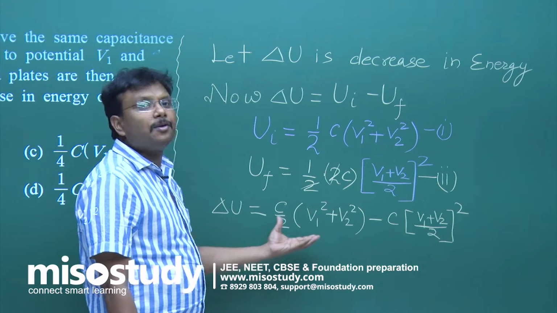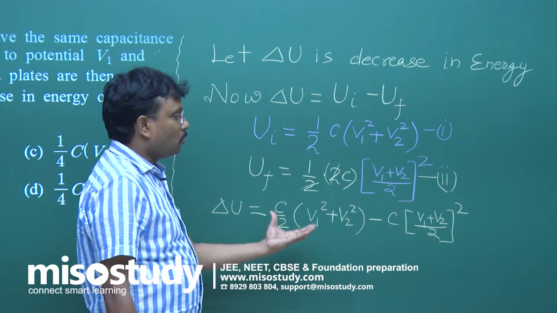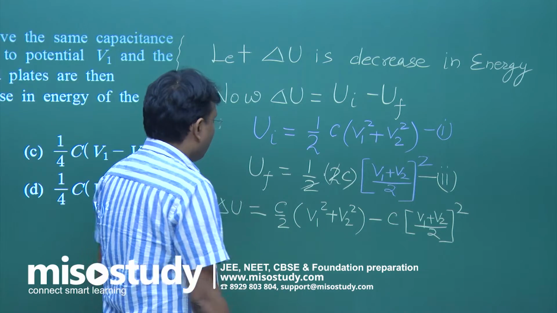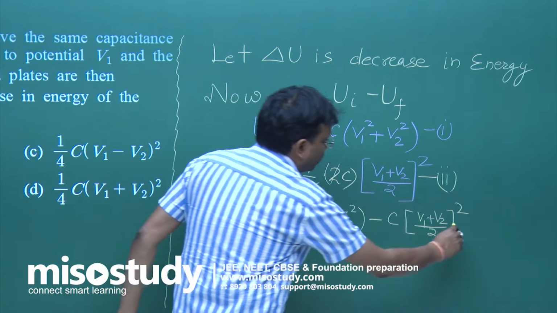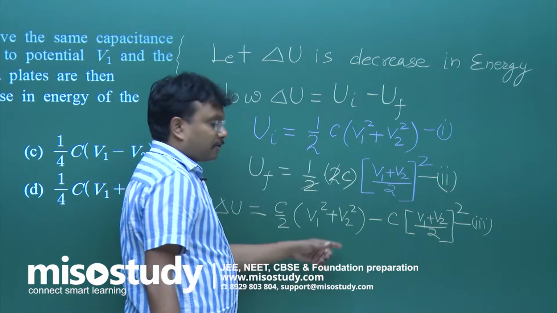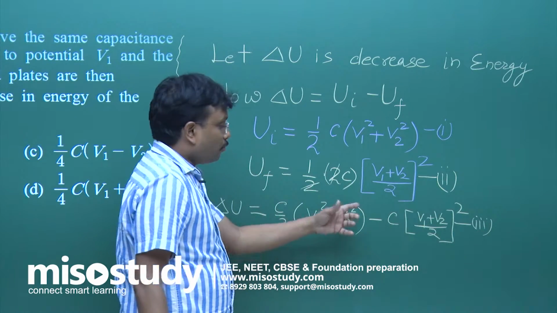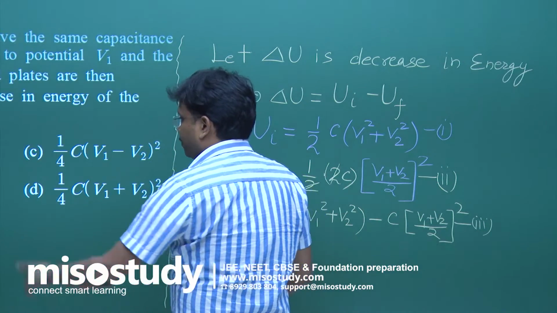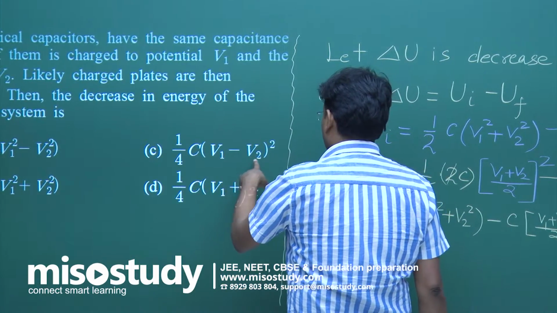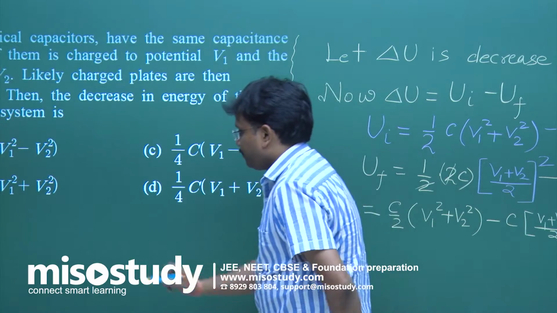Solving it is a very simple process, I hope everyone can do that. After solving equation number 3, your answer is 1 by 4 C times V1 minus V2 whole square.